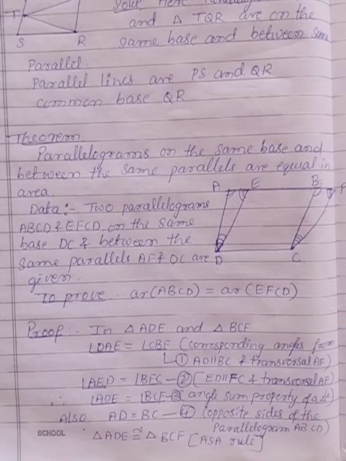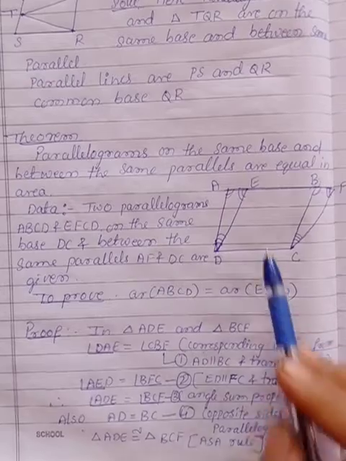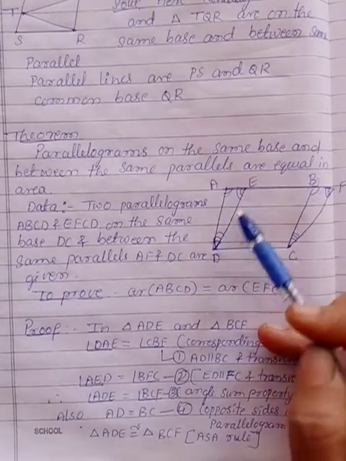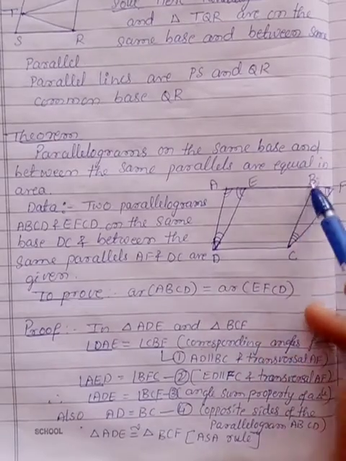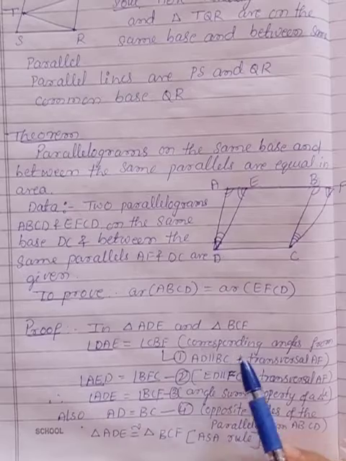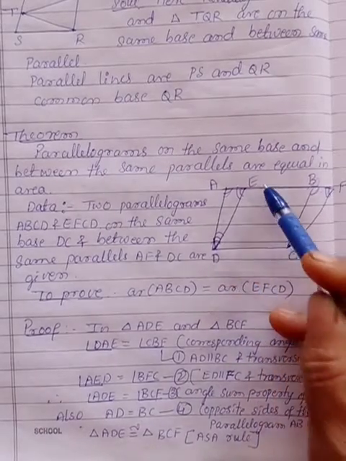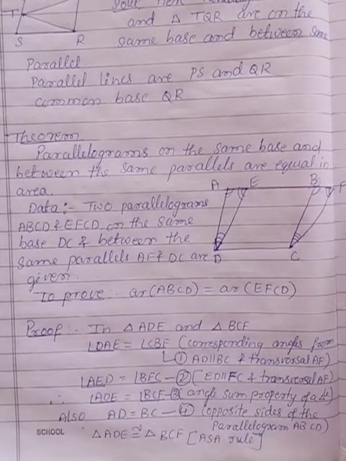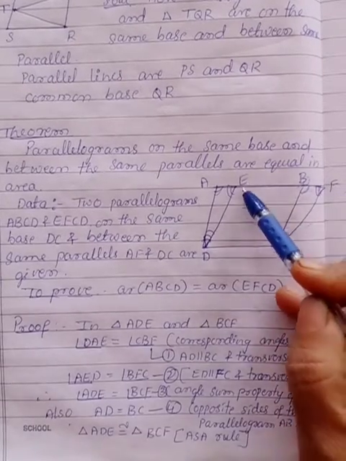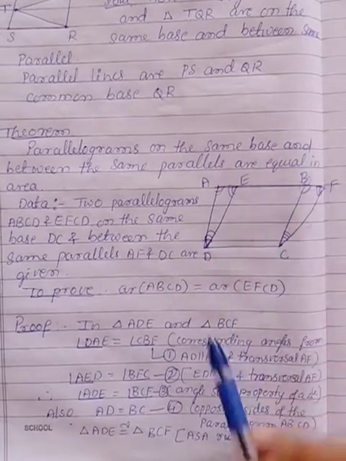Isn't it? Now we will take the area of ABCD as the area of ADE plus the area of DCBE. Okay. So now instead of ADE, if we substitute BCF, what will you get? BCF plus ECDB, the same.